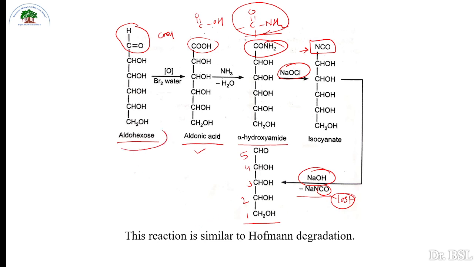We started with aldohexose containing 6 carbon atoms and ended up with aldopentose with 5 carbon atoms. That means we have converted the reactant into a product containing one carbon less. This reaction is similar to Hofmann degradation. So this is the method known as Weerman's reaction. Thank you.